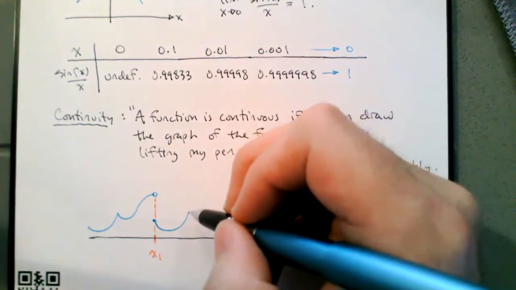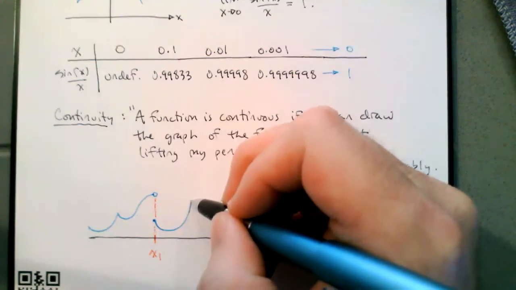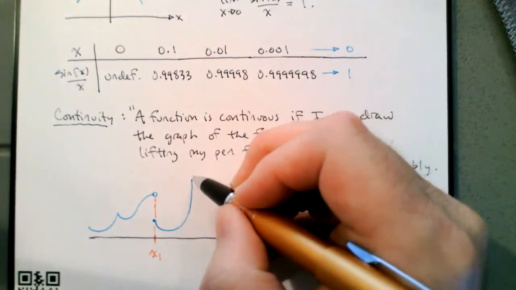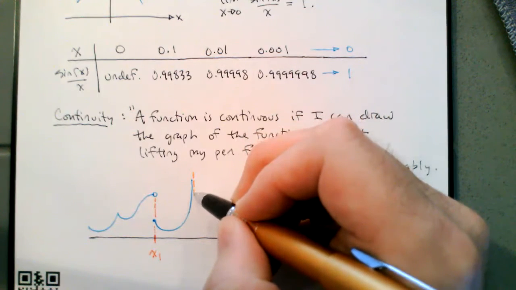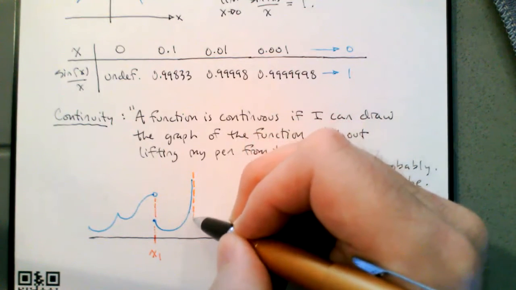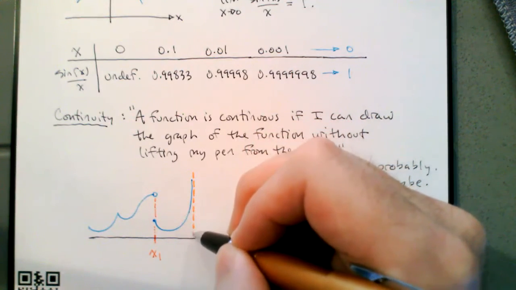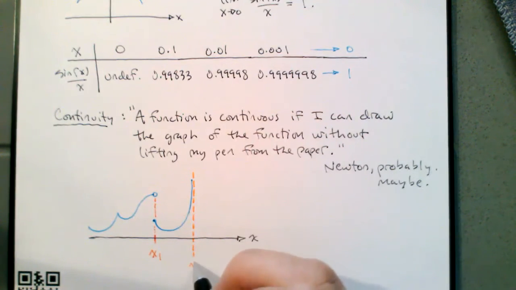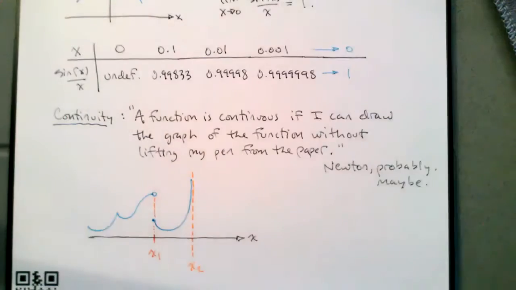Another thing that could happen is that the function could head off towards infinity, and I can have some gigantic vertical asymptote. Let's say that vertical asymptote happens at x2.